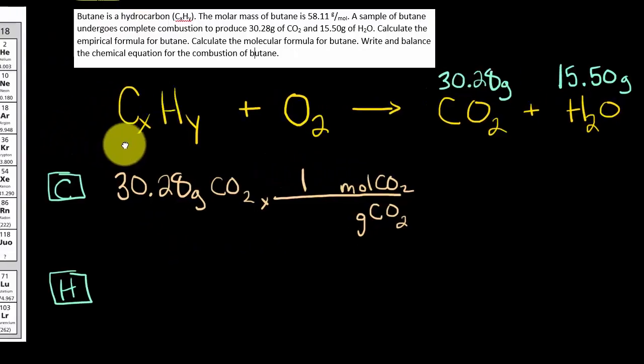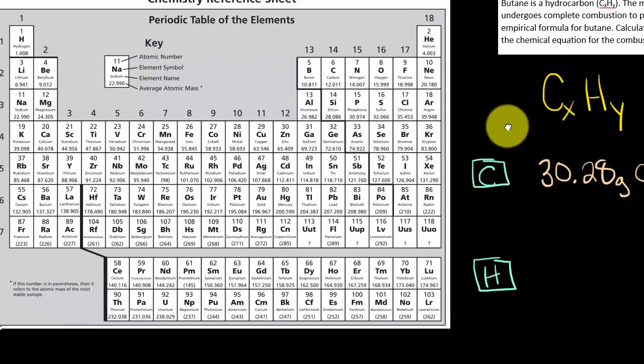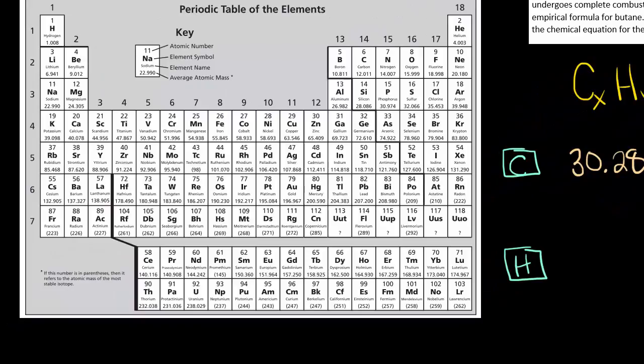We're going to scroll over here to the periodic table, find the molar masses, and calculate that. The molar mass of carbon is 12.01 when rounded to the hundredths place, and oxygen, when rounded to the hundredths place, comes out to 16.